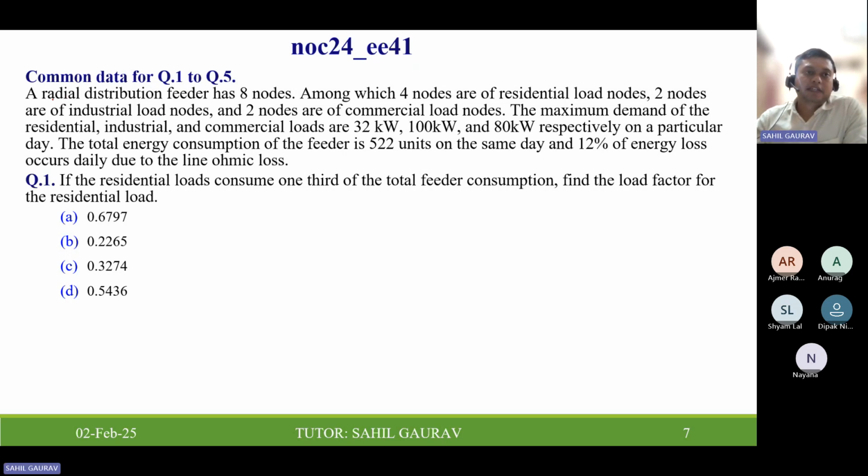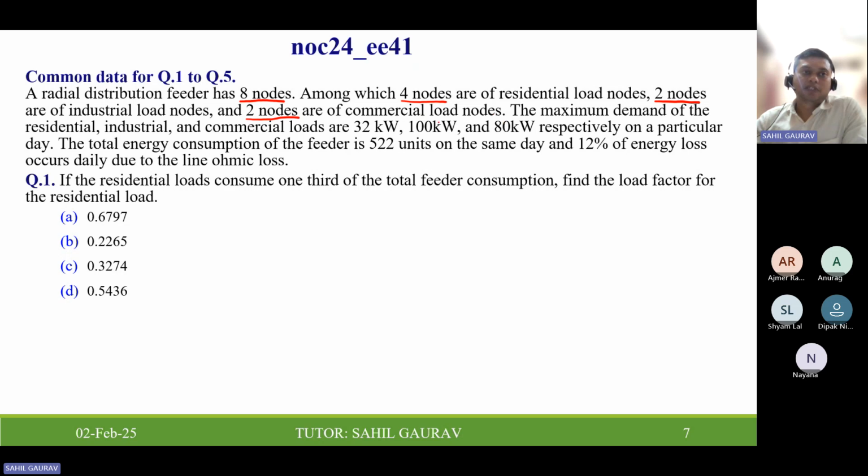The data is given as: a radial distribution feeder has 8 nodes, among which 4 nodes are residential type load nodes, 2 nodes are industrial load nodes, and 2 nodes are commercial load nodes.